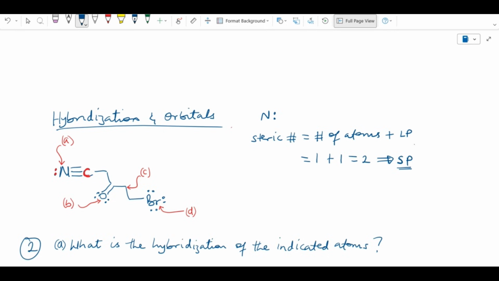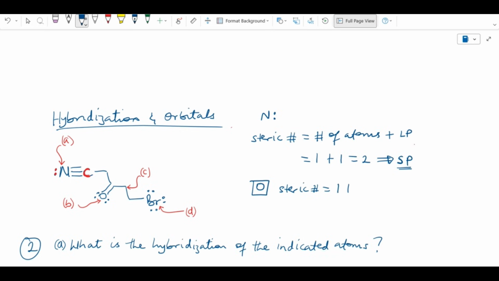So let's determine the hybridization of oxygen. We'll start by calculating the steric number for oxygen, which is equal to the number of atoms attached. That oxygen has just 1 carbon atom attached to it.